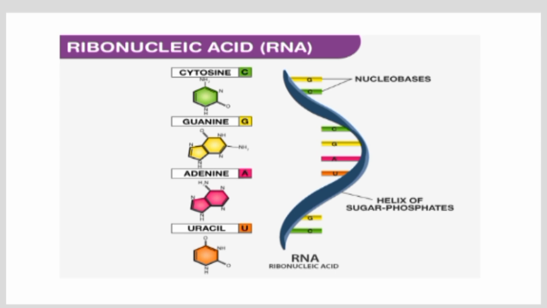Now the structure of RNA. Ribonucleic acid contains ribose sugar and nitrogenous bases: adenine, guanine, cytosine, as well as uracil. It forms a helical shape.